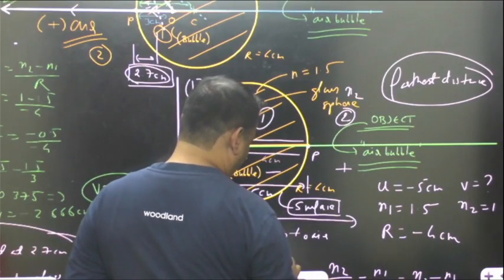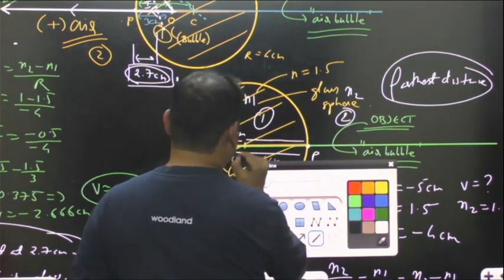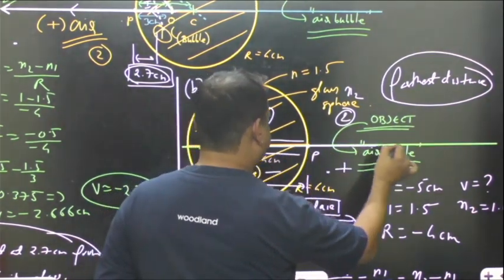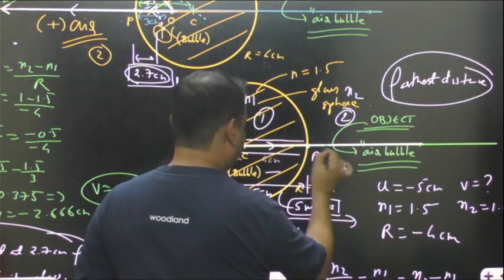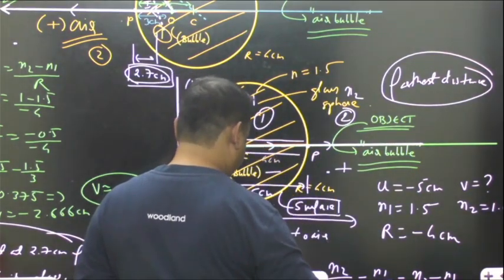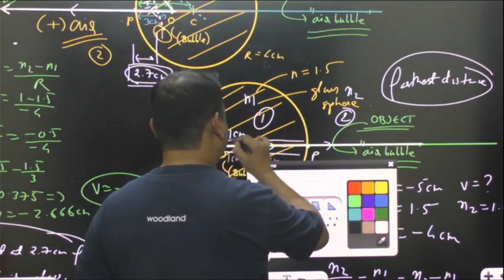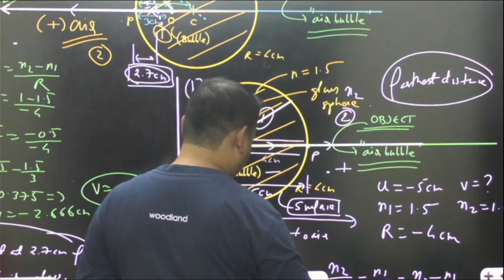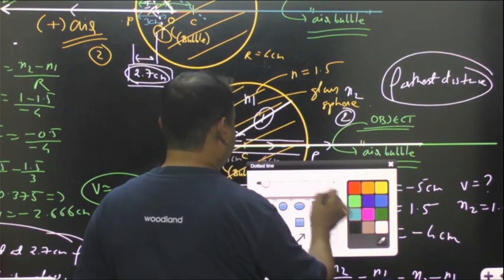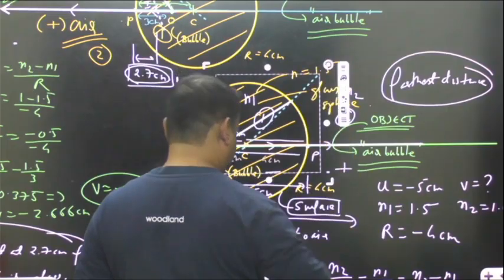And if you want to make the ray sketch, let's see how we'll make it. So I will make one ray going along the principal axis from O, like this. This will go undeviated. Then I will make another ray striking some point on the glass air interface like this. Now make a normal at this point, so you can make a line passing through the center of curvature.